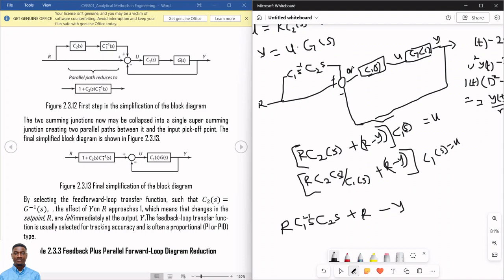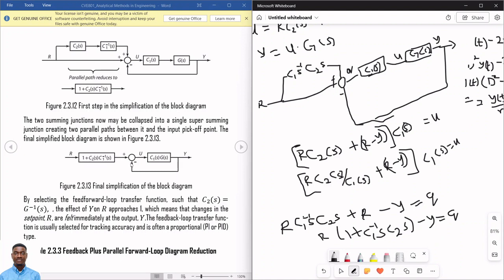The output signal there, let's call it Q. So here let me factorize R and say R here will be 1 plus C1 inverse S, C2S, minus Y equals Q. And that is what you have here, R into all of this.